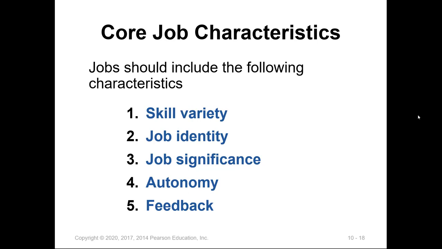Job significance, which is providing the sense that the job has an impact on the organization and society, and they know that they are doing a significant job for the company. Autonomy, which is offering freedom, independence, and discretion. And feedback, which is providing clear, timely information about the employee performance.